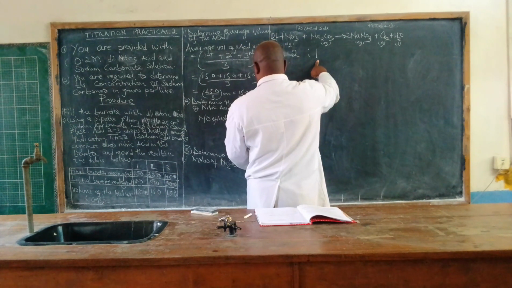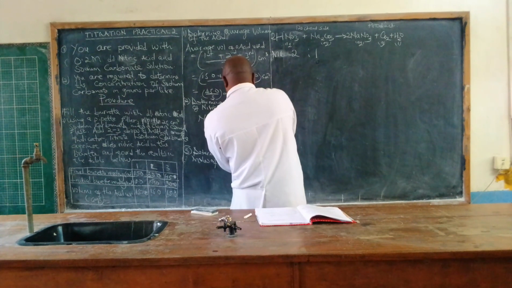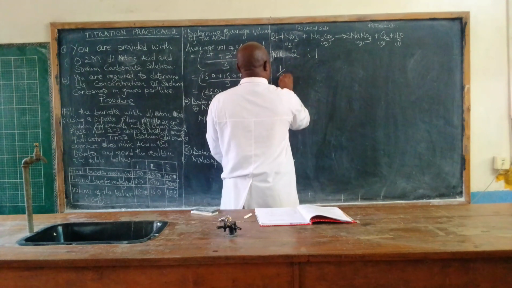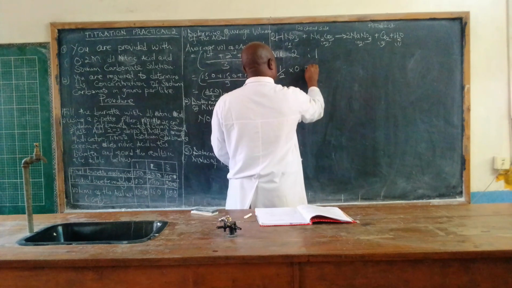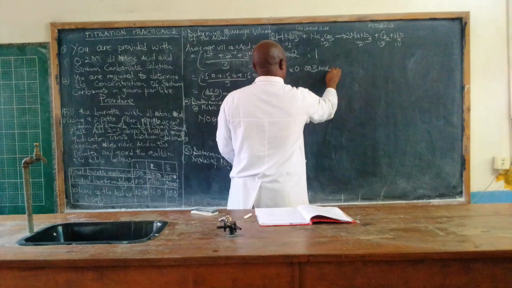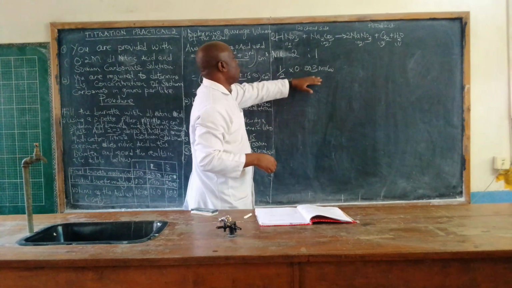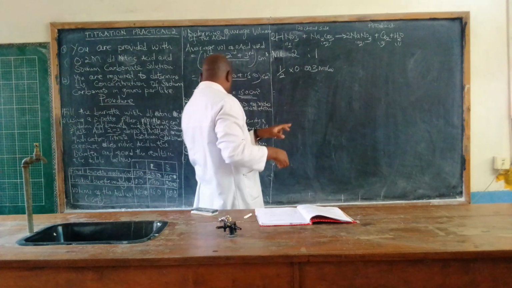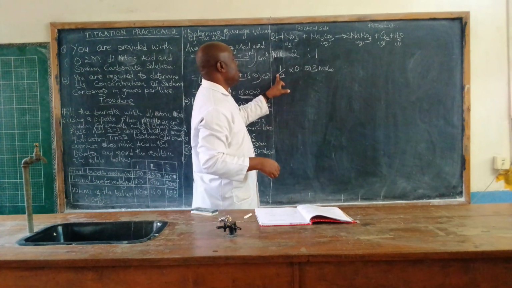So to calculate the number of moles of sodium carbonate, it's going to be a half times 0.003 moles, because of the mole ratio. If it had been 1:1, the number of moles would have remained 0.003. Since we are calculating the moles of sodium carbonate, this is 1 and this is 2. Because of the mole ratio, we are supposed to multiply by a half.